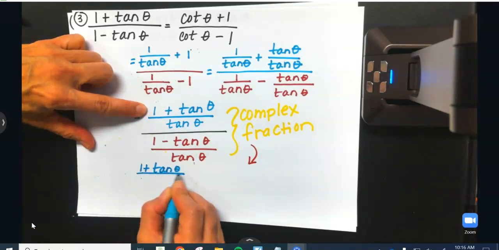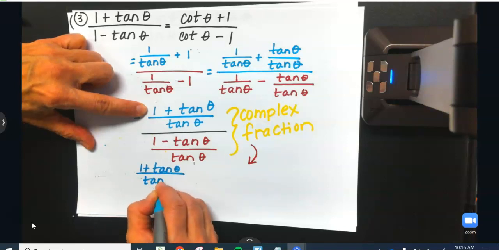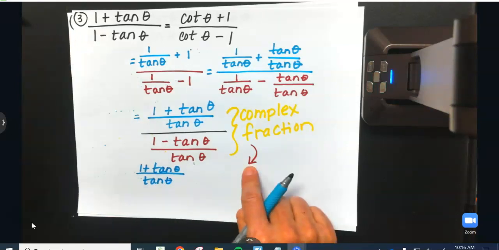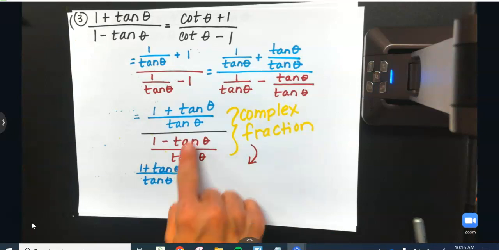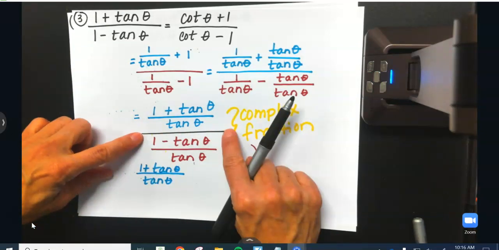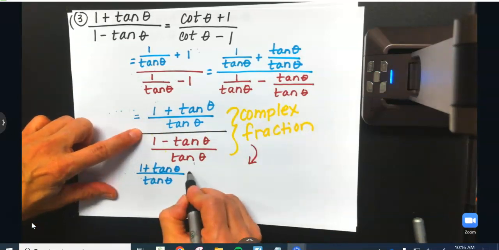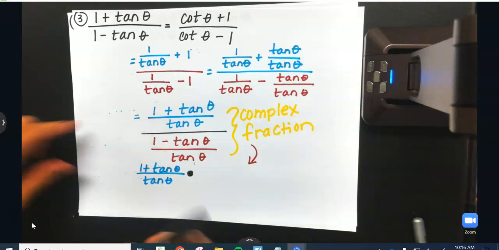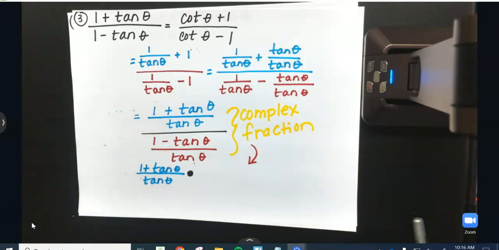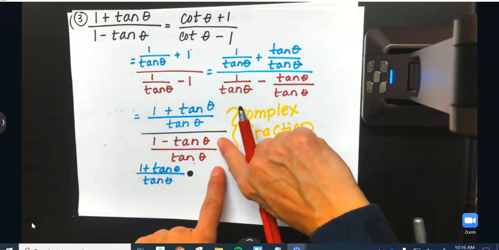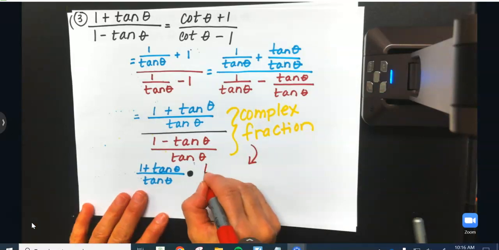When I say first, I mean the top fraction. Okay, there's the keep. Then we're going to change the division fraction bar into a multiplication dot. Keep change flip. We're going to flip this upside down, multiply by the reciprocal.